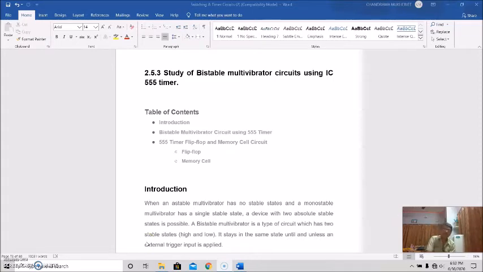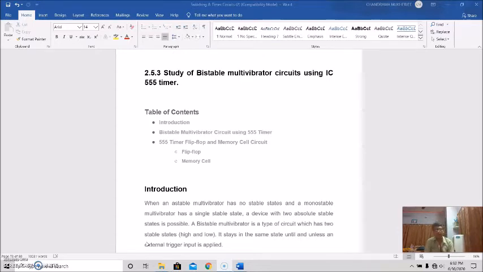So far we have discussed the astable and monostable multivibrator circuits using the 555 timer, and of course we have discussed their applications also. And as we know, an astable multivibrator has no stable state.